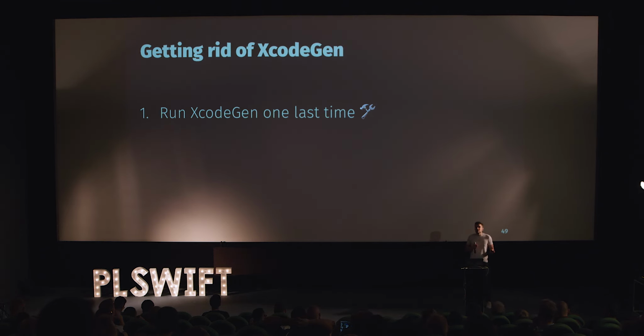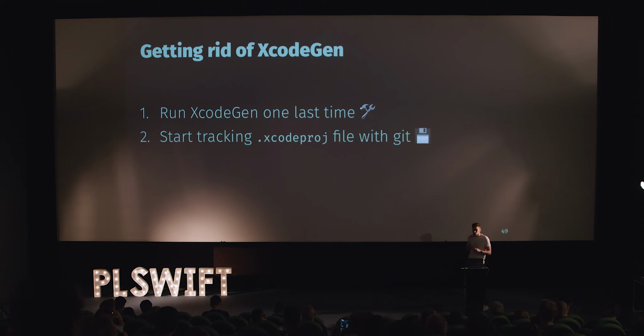You just run XcodeGen one last time, so you have the freshest version of your Xcode project. You add the Xcode project back to your Git, so you start tracking it, and stop using XcodeGen. You just uninstall it, and from that point, you can either manage your Xcode project with Xcode, or you might consider using a different tool, for example, Tuist.